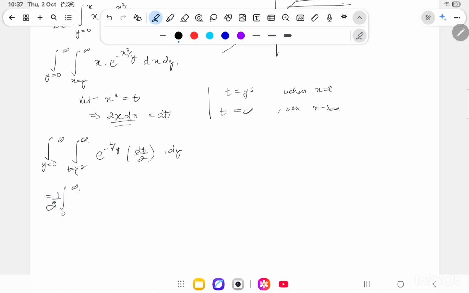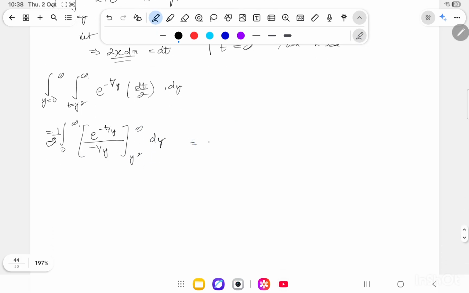I can pull out 1 by 2 out of the integral signs, and integration of e raised minus t by y will be e raised minus t by y divided by minus 1 by y, and the limit varies from y square to infinity, dy, and it is equal to minus y by 2, limit varying from 0 to infinity, 0 minus e raised minus y dy, and this simplifies to 1 by 2 integration from 0 to infinity y into e raised minus y dy.